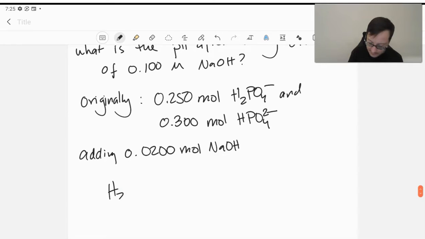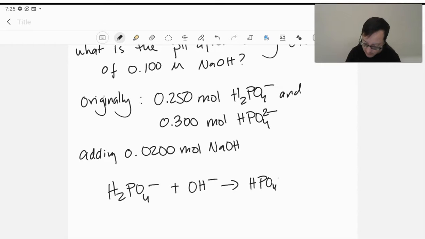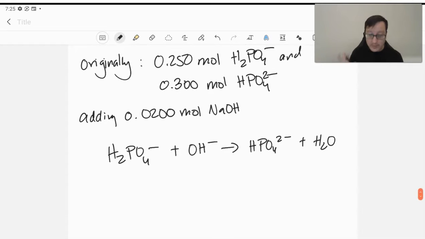So we can write out the chemical equation, and we're going to get our HPO4 2 minus and some water. We're really going to ignore the water that comes out here. It's going to be a very minor amount. 0.02 moles of water is 0.36 grams, so 0.3 milliliters. We're going to ignore it, thankfully.